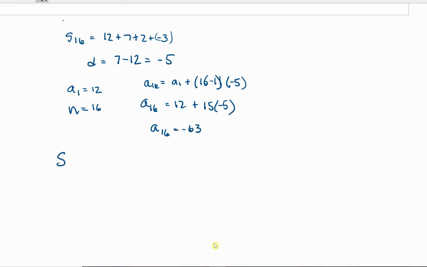So the sum is going to be n times a1 plus a16 divided by 2.